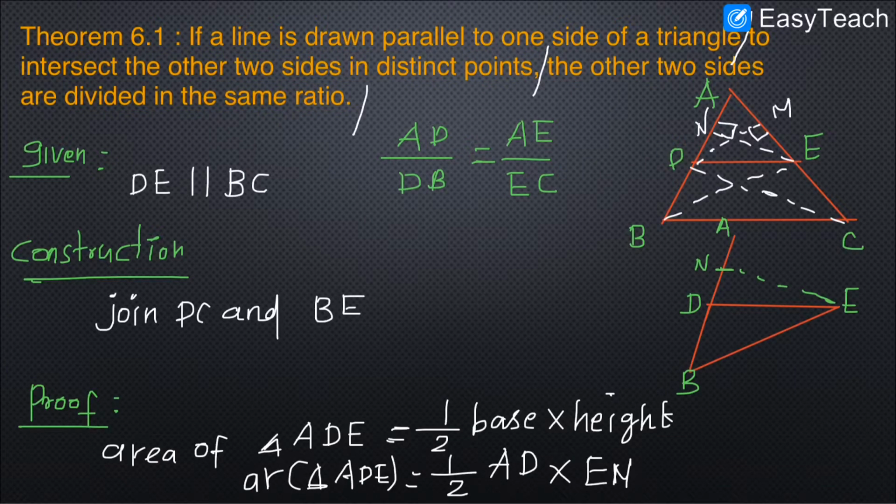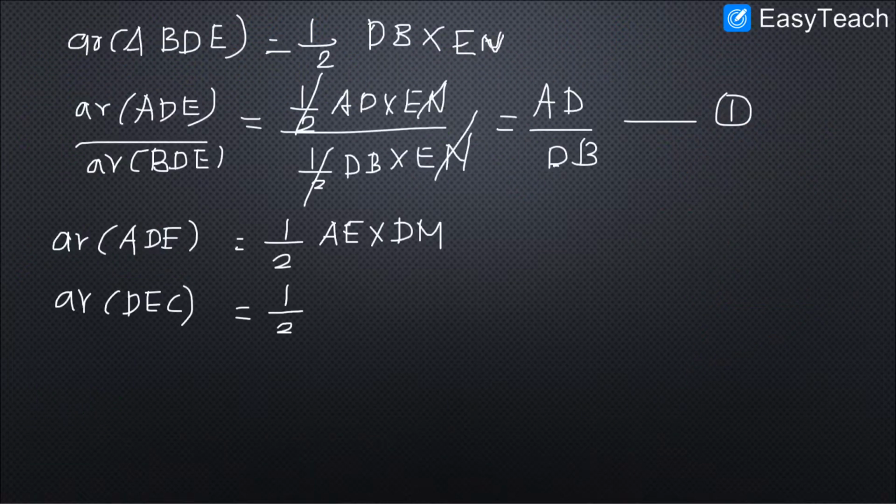So in this triangle base is AE and height is DM. Okay, next in the area of DEC, here base is EC, height is DM, because EC is extended to A. So AE and EC both are in the same line, so both have the same height. So here base is EC, height is DM.